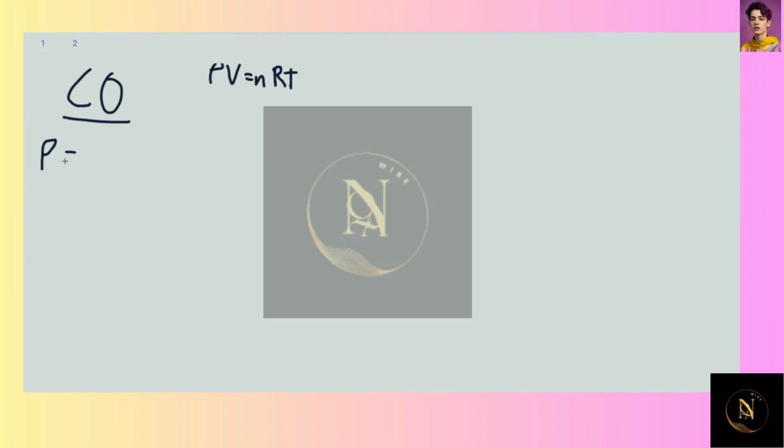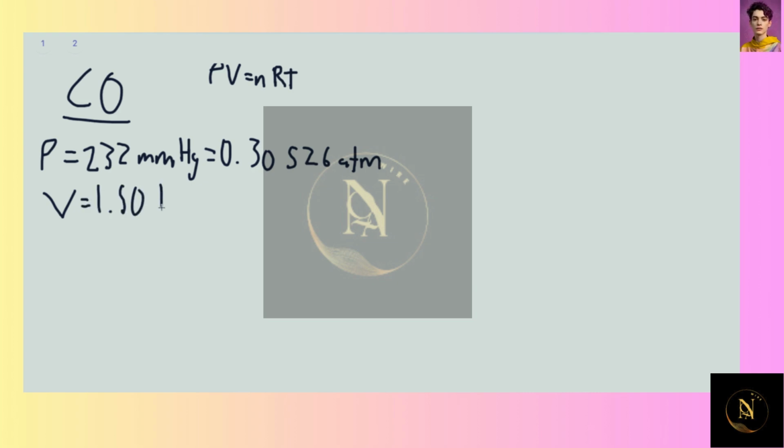Our P in this case is 232 millimeters of mercury, which we can divide by 760 to convert to atmospheres, and that's 0.30526 atmospheres. Our volume is 1.50 liters. n is our unknown. R is 0.082057 liter atmospheres per mole Kelvin.